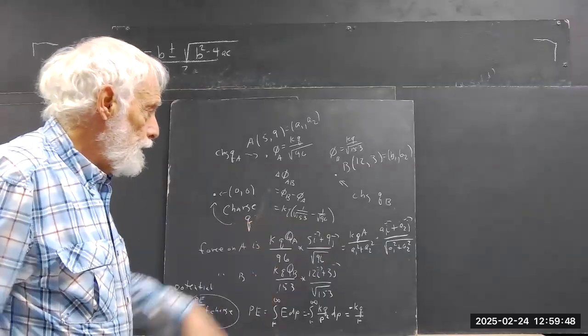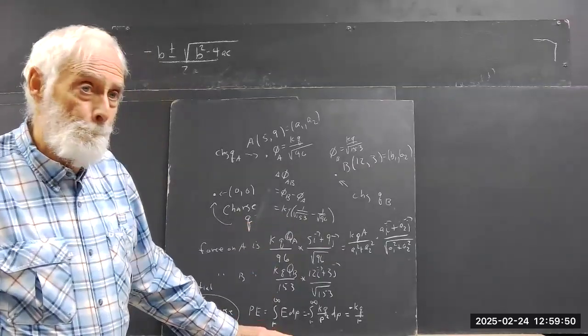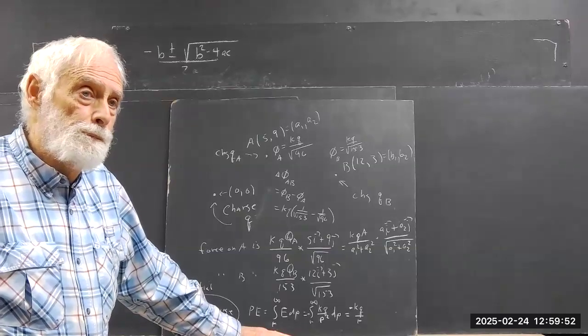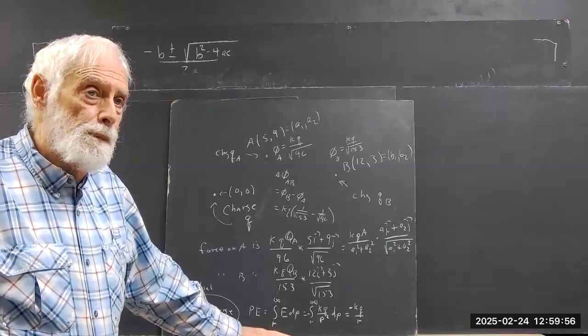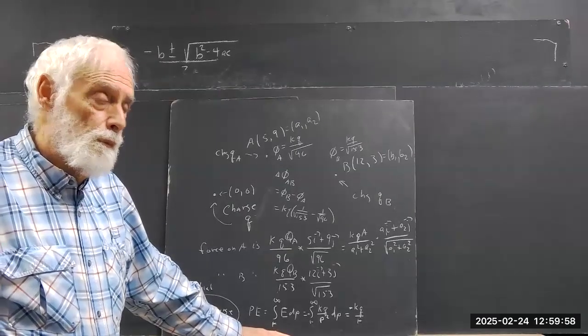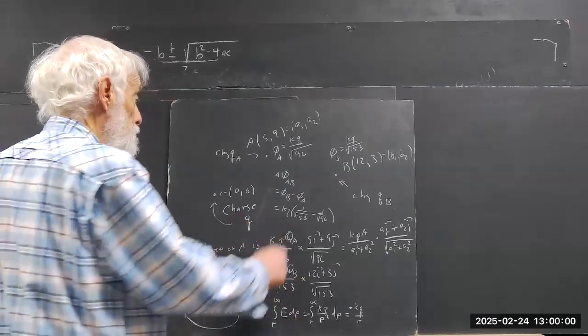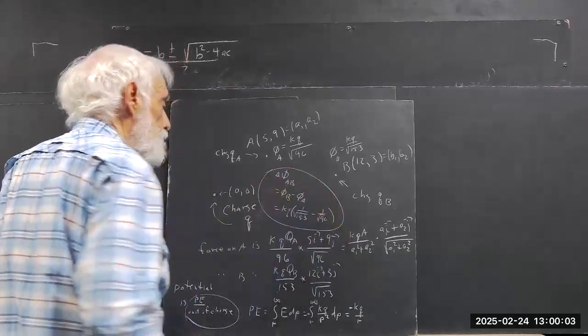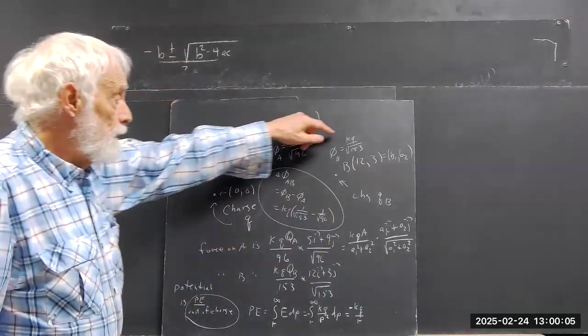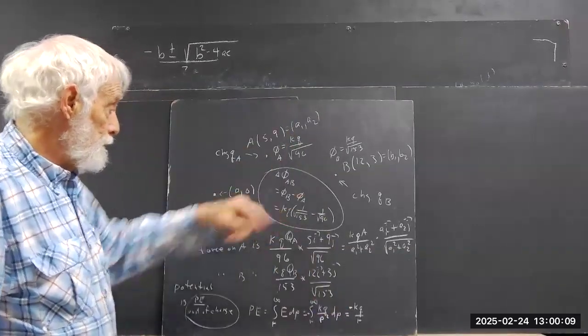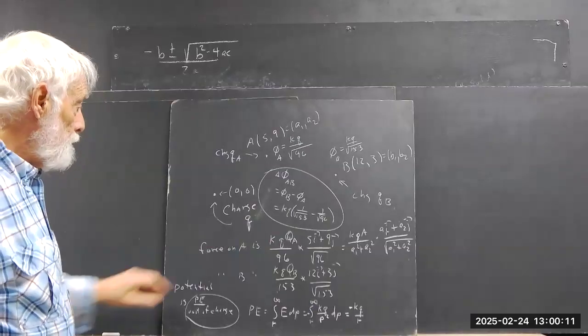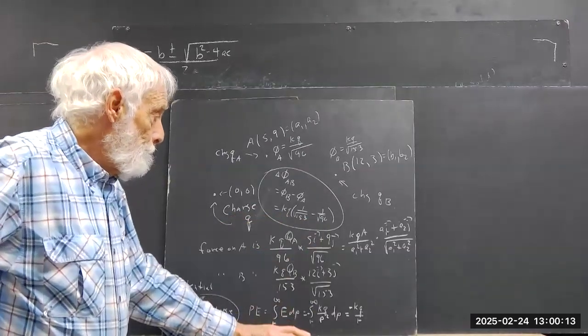So is that a positive or negative change in potential? Here's your change in potential, assuming that the negative was wrong here. If the negative is right, it's going to change its sign. But right now, let's just assume this.